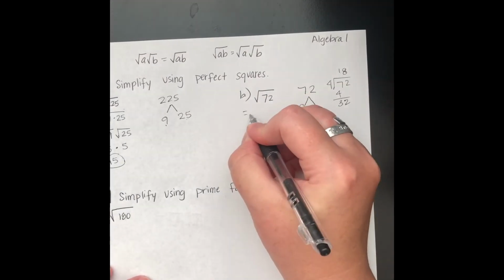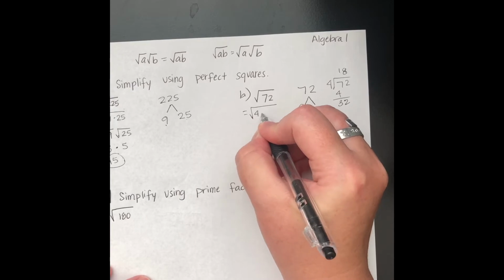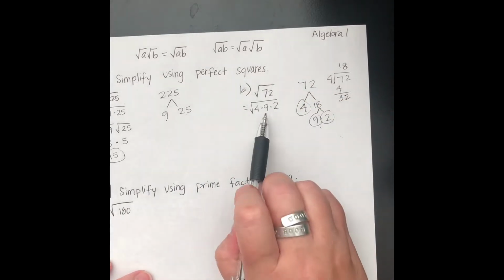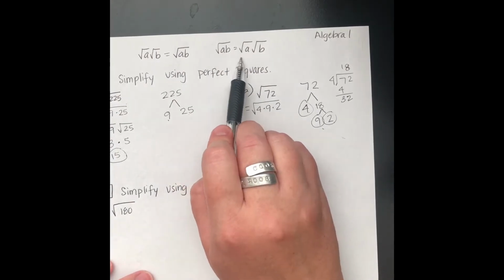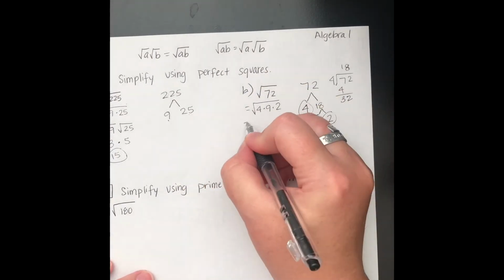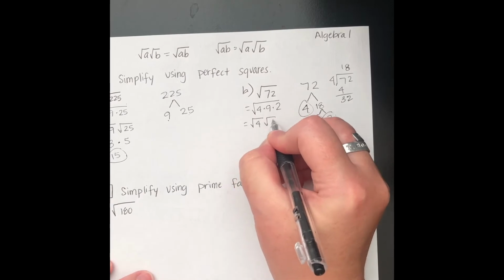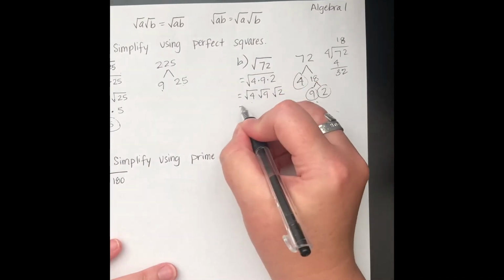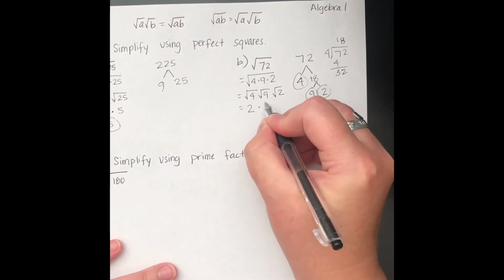But I'm going to rewrite it under here as 4 times 9 times 2. They're all combined. Like up here, I'm going to separate them. So I'm going to have the square root of 4 times the square root of 9 times the square root of 2. Square root of 4 is 2. Square root of 9 is 3.